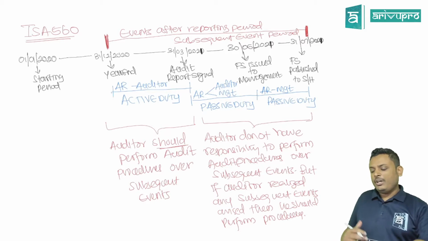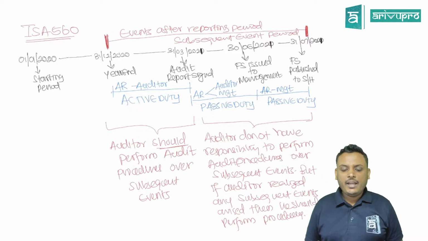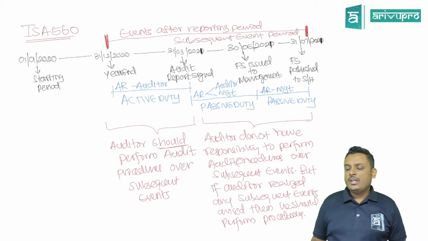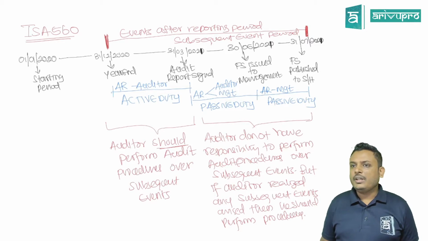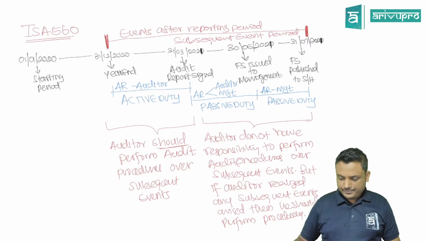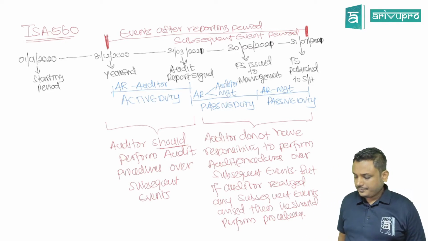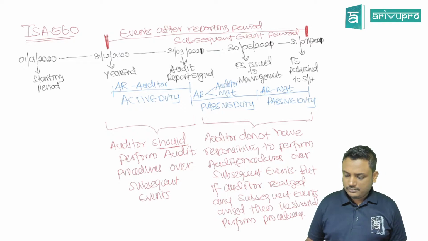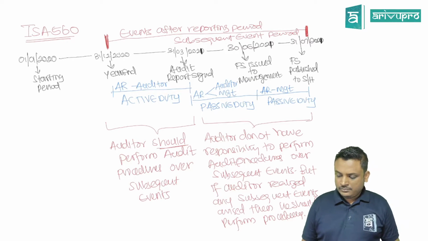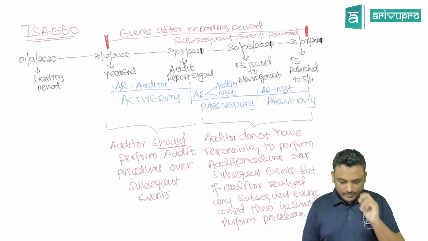So performing audit procedure is mandatory during active duty period. Performing audit procedure is voluntary during passive duty period. Is it clear? Understood? Copy this. Copy it carefully.